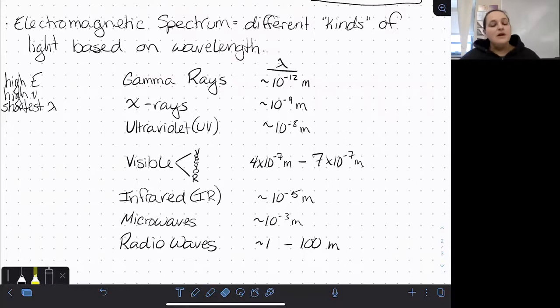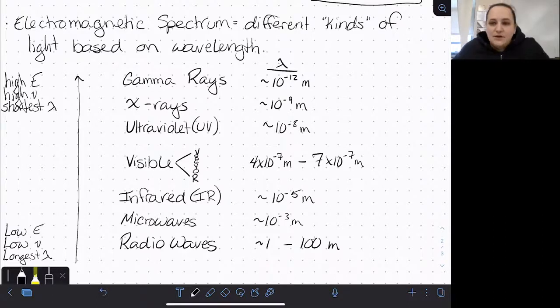So a big range here, getting into very long wavelengths and lengths we can think about. Radio waves are what is used in transmitting radio signals through the air to your car or wherever else you have a radio. And this is the lowest energy, lowest frequency, and longest wavelength end of the spectrum.